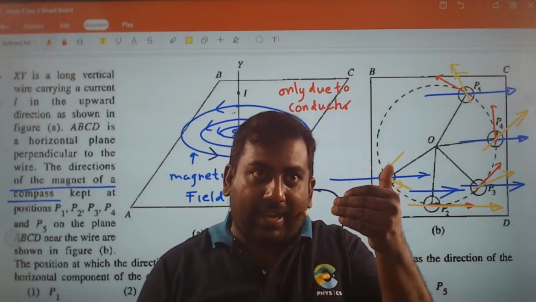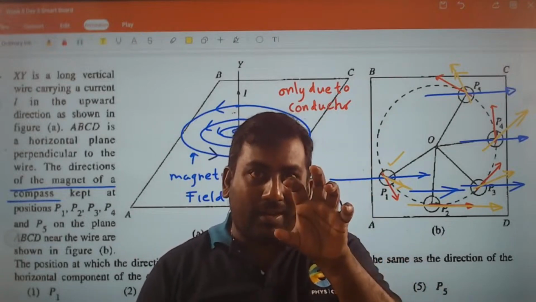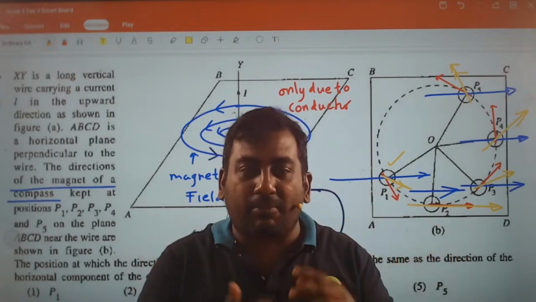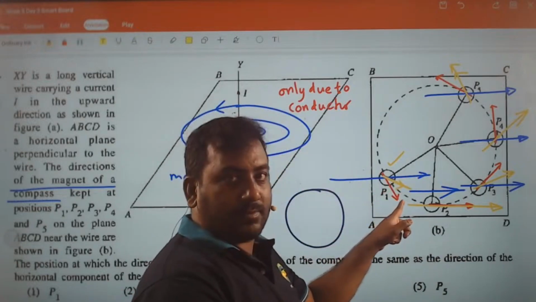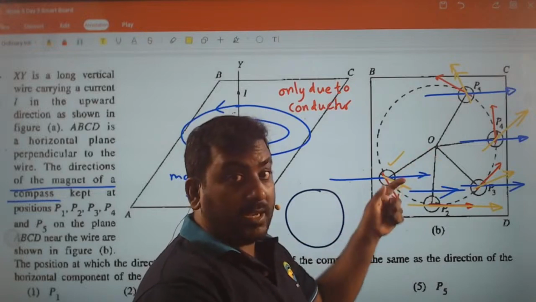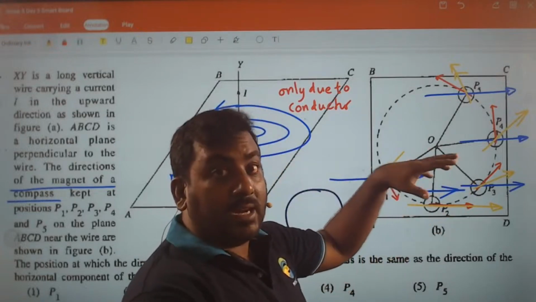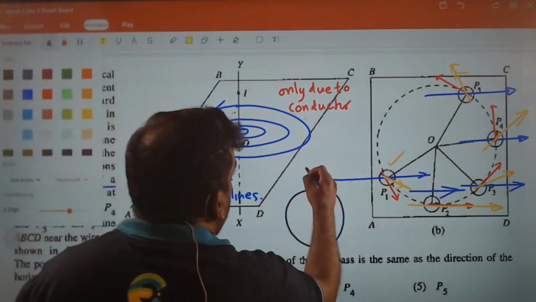Compass will indicate from the conductor along the tangent. So a tangent drawn to an electric field line or magnetic field line will give direction. Same concept. So the direction of the magnetic field here is the tangent because of the conductor, in red color. In blue color I have drawn the Earth's horizontal magnetic field.